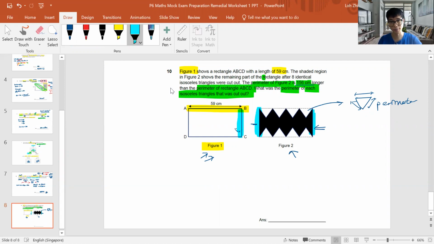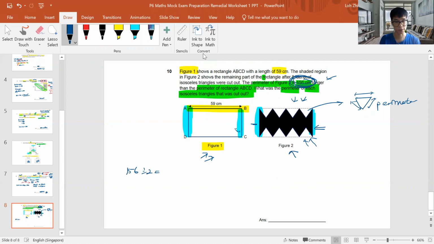And this part and this part, if you minus, will go away. This means that the 156 cm is actually the top and the bottom here, more than A to B, D to C. So first I use 156 divided by 2.